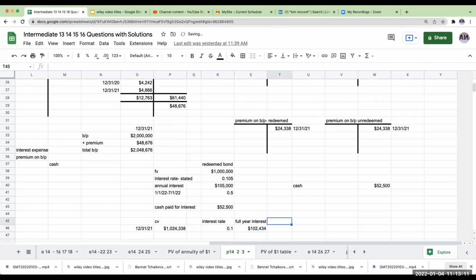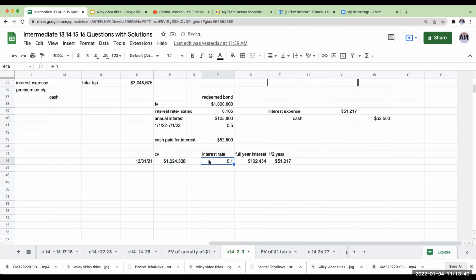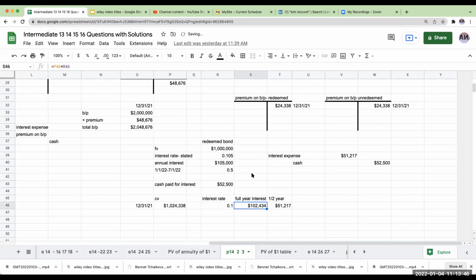$1,024,338 times 10%, or $102,434. But this is the full year. Half a year is going to be 102,434 divided by 2, or 51,217. So my interest expense for the redeemed bond is going to be 51,217. How did I get that? I took the carrying value of my redeemed bond, multiplied it by the full year interest rate of 10%, which gives me full year interest of 102,434.